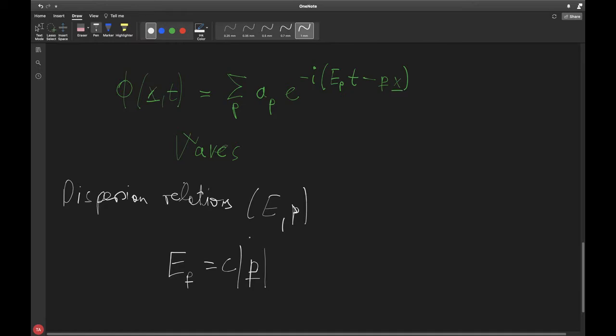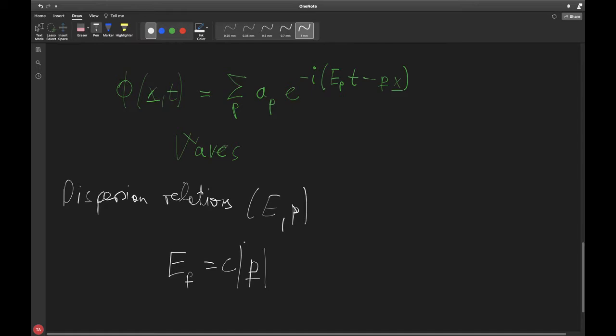So this is the theory of particles which have no mass. For example, a photon could be an initial idea of something that this could describe. Obviously, it's a bit more complicated, but for now we could think about that as an example. But it's really describing any kind of particle which has no mass.